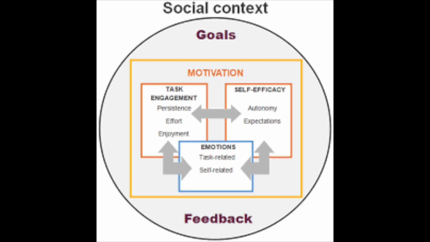So in the whole area is the social context. You really have to think about what's going on from a social perspective and how that impacts the motor movement. You also want to consider goals and what the client wants to do. Another really big thing in this theory is providing feedback.